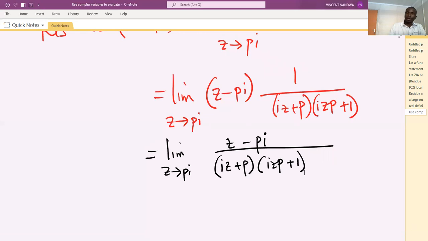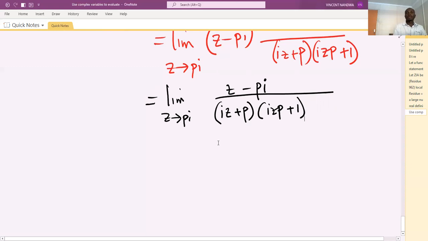So if I multiply this one by negative, I multiply this expression by negative I. So I multiply the numerator by negative I, denominator by negative I.